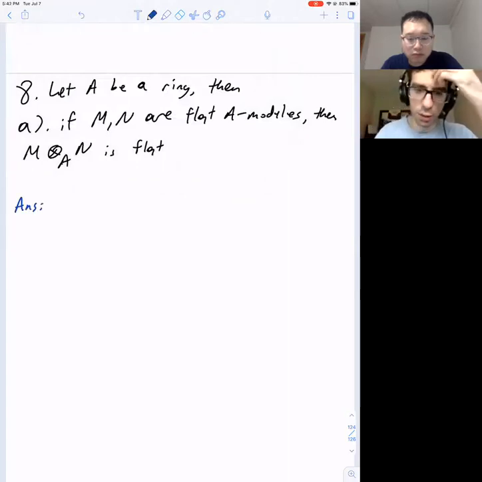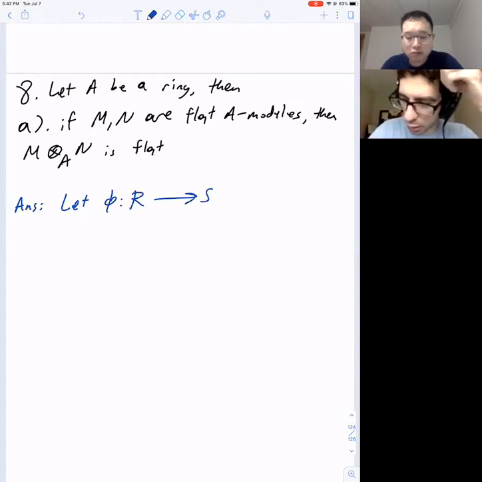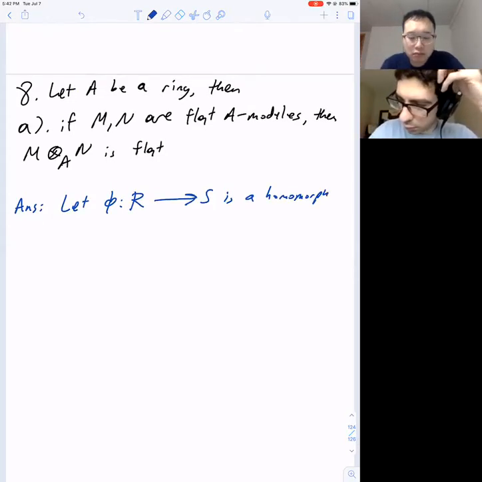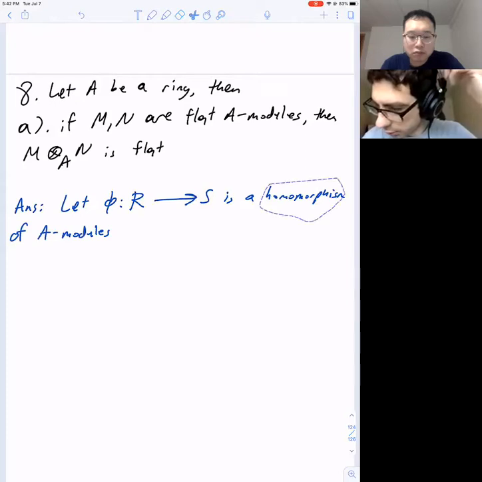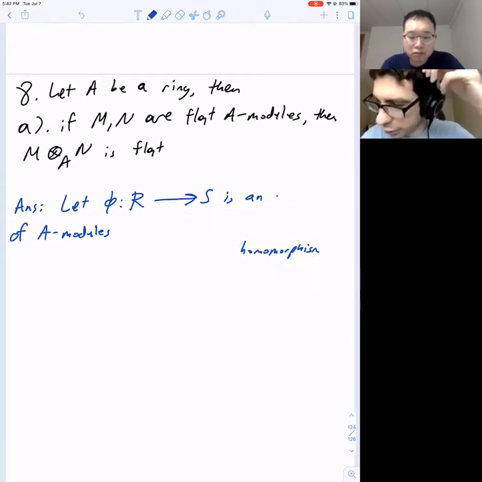How do you solve this? So remember, if I say this is a homomorphism of A modules, I want to be able to tensor this with the M tensor N and get, I'm sorry, I'll say is an injective.